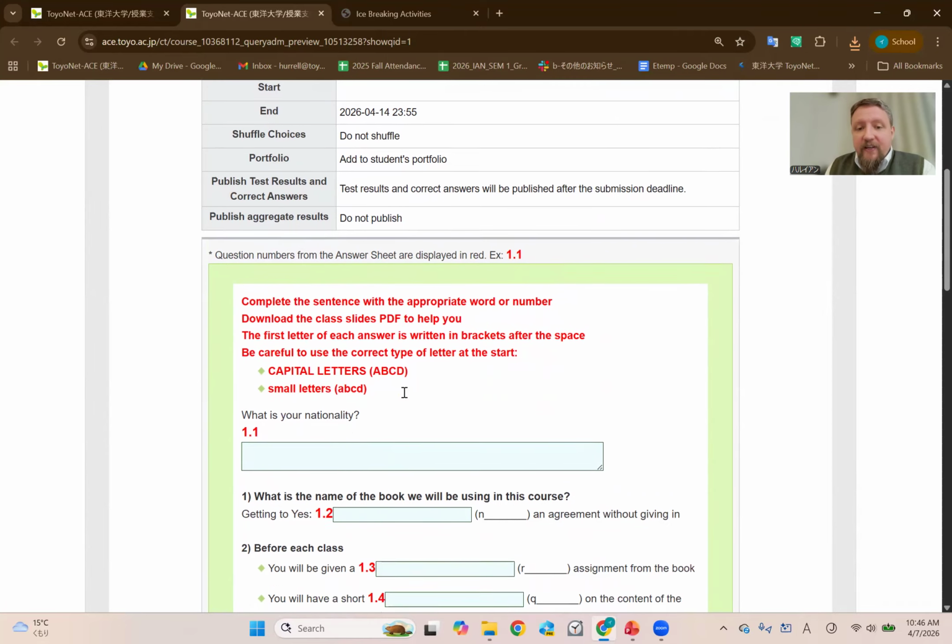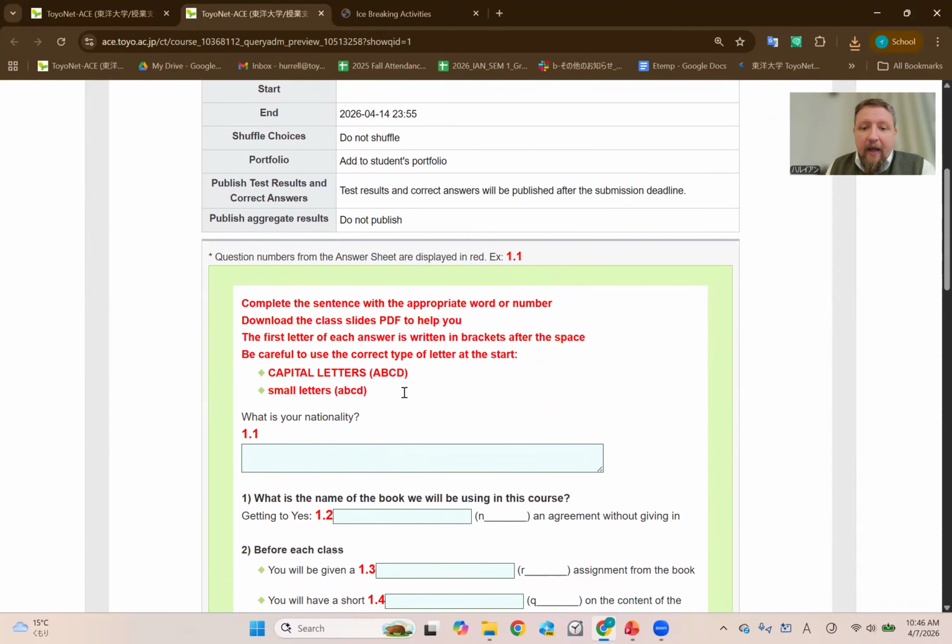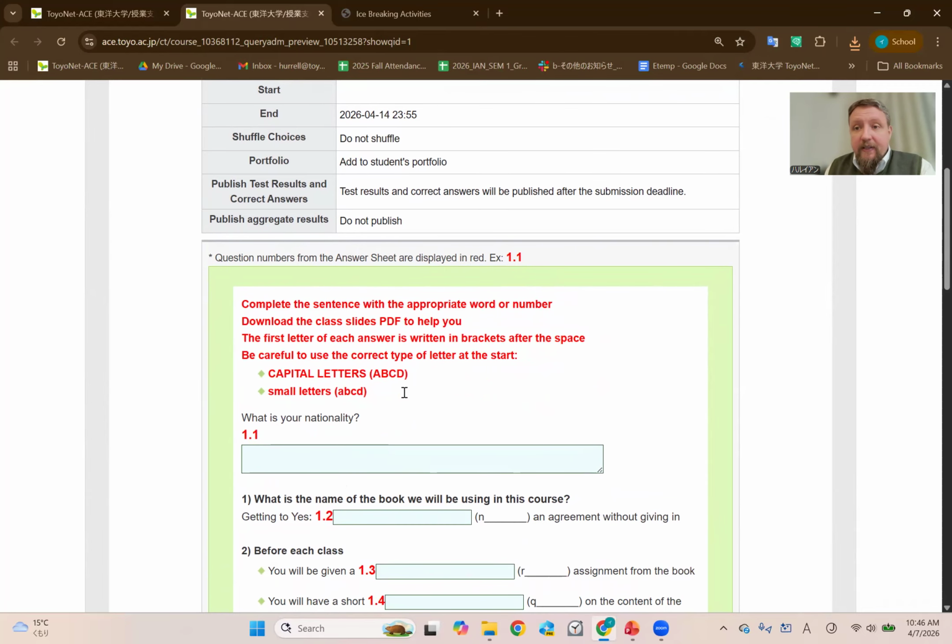The first letter of each answer is written after the space. Now, one thing I do want you to be careful about. Toyota ACE is not the smartest system in the world, and if you make mistakes using capital letters and small letters, the answer will come up as incorrect.